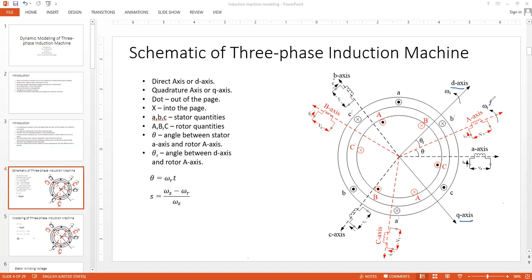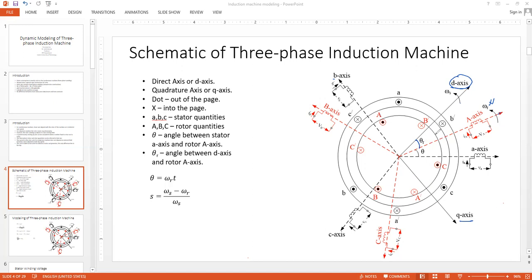And omega r is always less than omega s because we are considering motor operation. So there will be a phase lag between the d axis and this rotor axis. And we consider that phase lag to be theta r, theta small r.